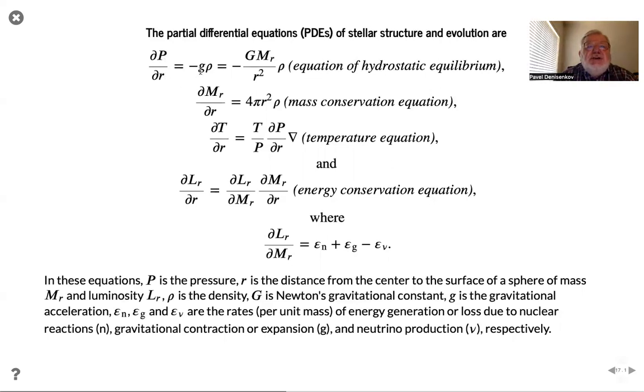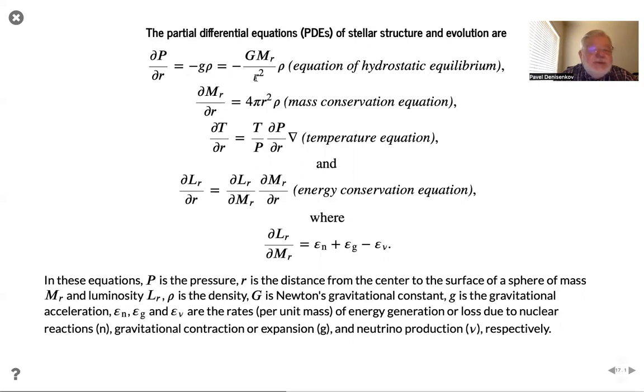The gradient of pressure is equal to minus the mass density multiplied by the gravitational acceleration g. And this is the expression for the gravitational acceleration at the surface of a sphere with enclosed mass m sub r and with radius small r.